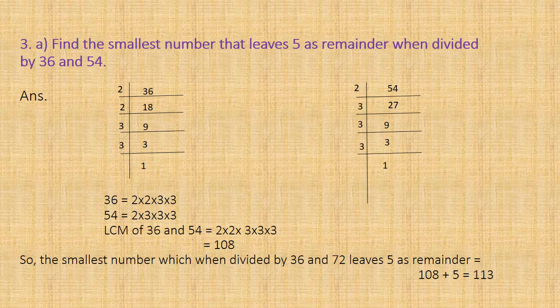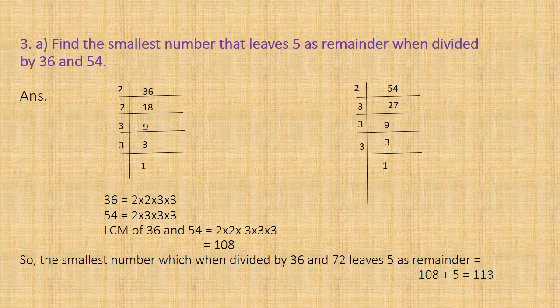Here 36 has factors 2 multiplied by 2 multiplied by 3 multiplied by 3. And 54 has 2 multiplied by 3 multiplied by 3 multiplied by 3. So now we will find out the LCM of 36 and 54. Here the LCM of 36 and 54 is 108.